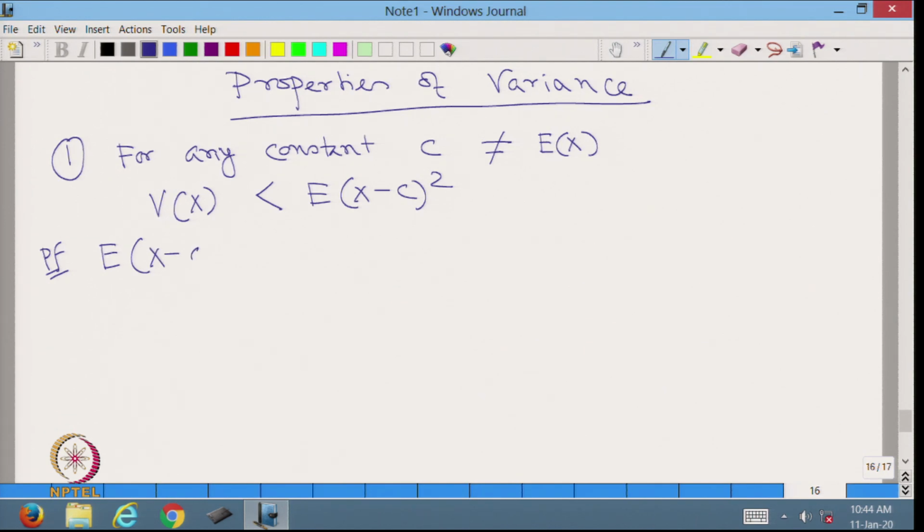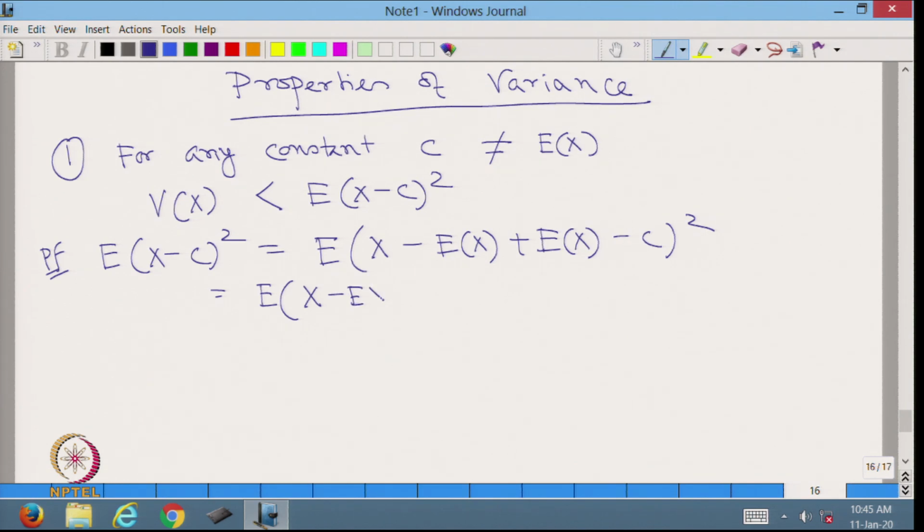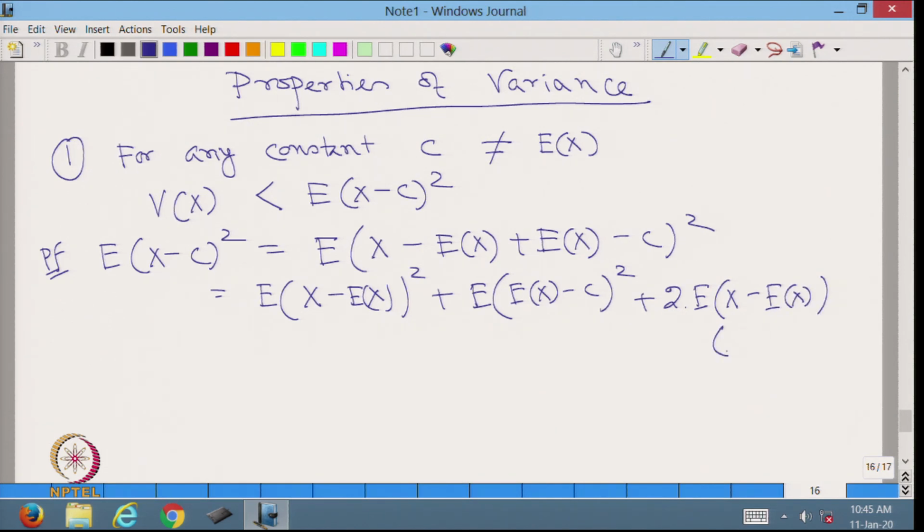expected value of x minus c whole square is equal to expected value of x minus expected value of x plus expected value of x minus c whole square, which is equal to expected value of x minus expected value of x whole square plus expected value of x minus c whole square plus 2 times expected value of x minus expected value of x into expected value of x minus c.